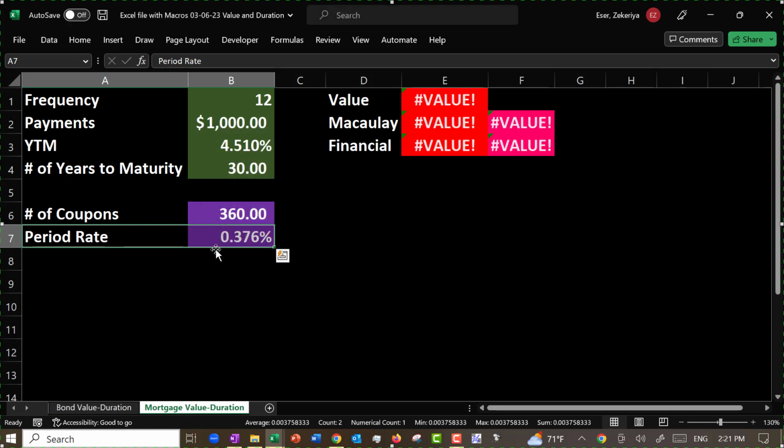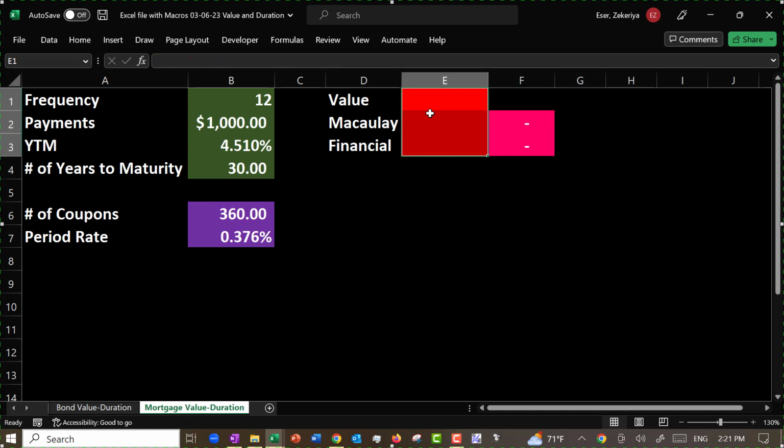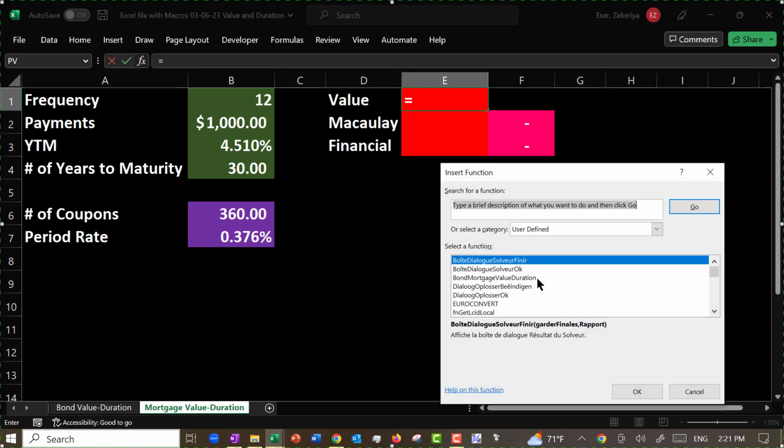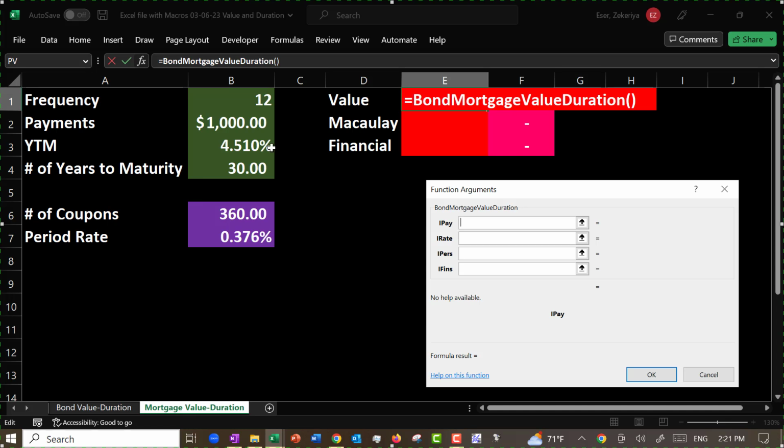Now let me get rid of these first. Where is my function? Payments, period rate, number of periods.